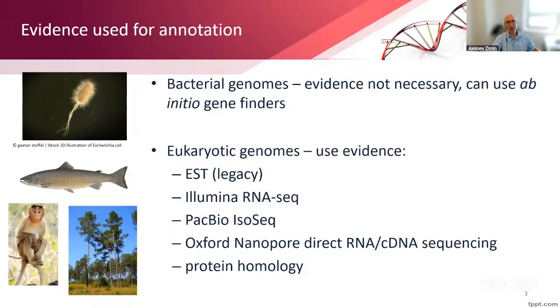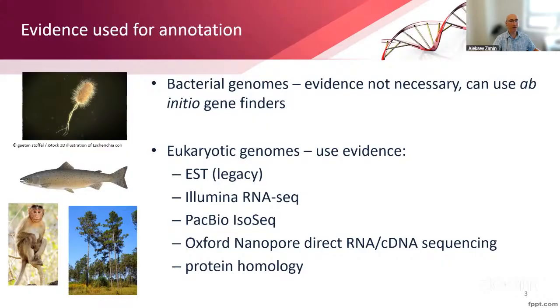However, for eukaryotic genomes, you have to use evidence because gene space is sparse, so by far not all sequence is coding, and there you have to be able to distinguish between functional and non-functional parts of the genome.